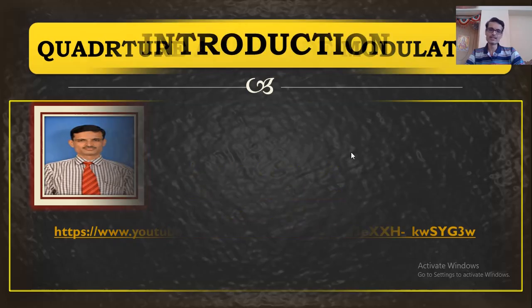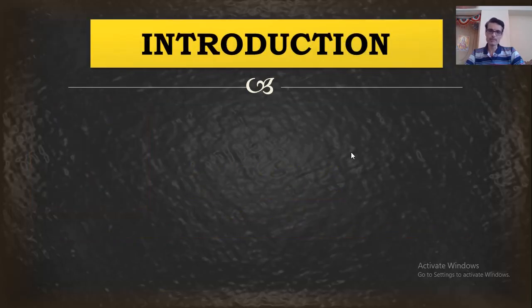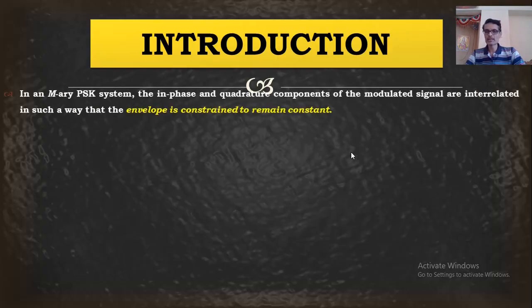So we have seen PSK, M array PSK. In my last video I explained M array PSK. Have you observed the signal space diagram we get there is circular shaped. When I go with an M array PSK system, we get an in-phase component, quadrature component, and all those things are represented in a signal space diagram.